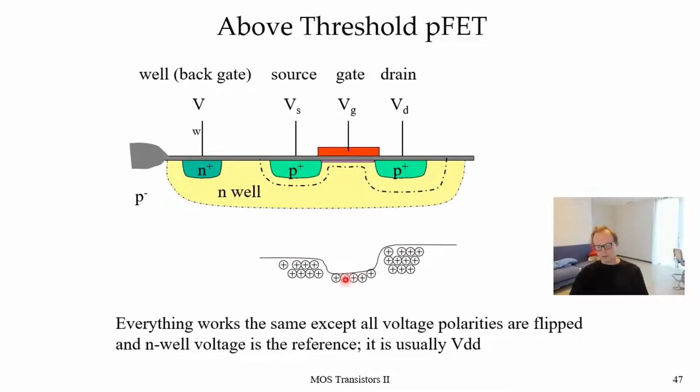And there's mobile inversion charge of these holes in the channel. Everything works the same except all the voltage polarities are flipped in sign, and the reference voltage for all the voltages is the N well. You don't care about the ground substrate voltage at all. Everything is relative to this local substrate, the N well. Otherwise, it's exactly the same equations.